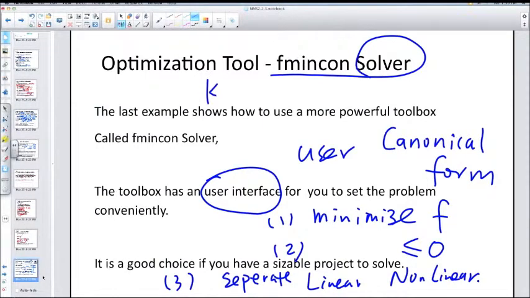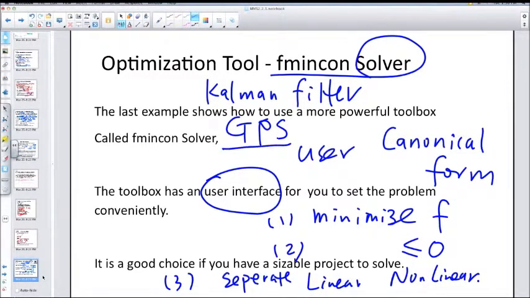All right, and this lesson finishes the second unit. In the last unit, the next 3 lessons, we're going to focus on the goal, the major purpose of this module, which is the Kalman filter and how to use it to solve the GPS problem.